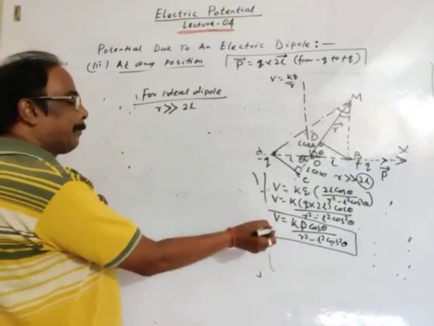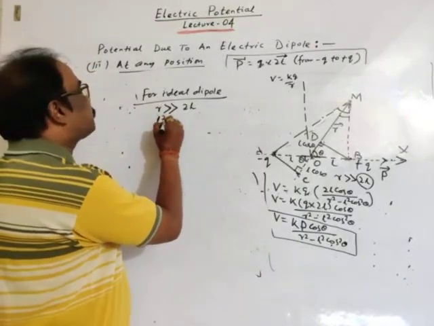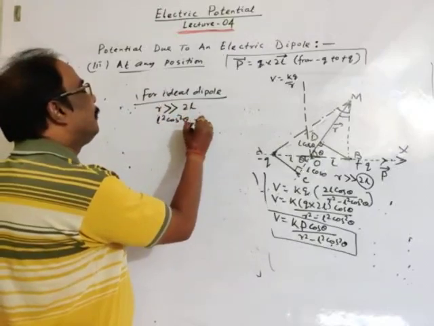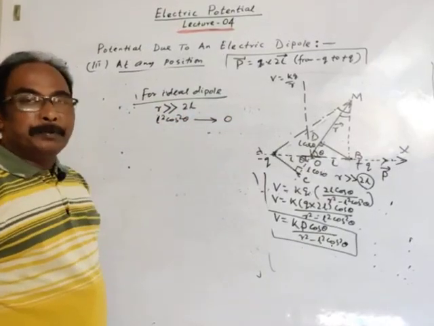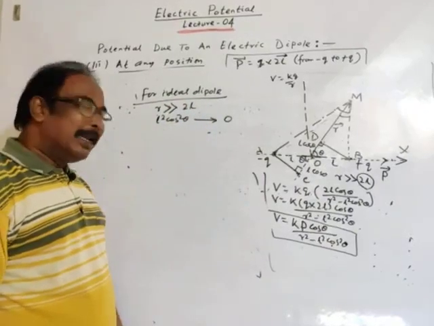So here, if r is greater than 2l, then l square cos square theta tends to 0 or is negligible, since l is very small.